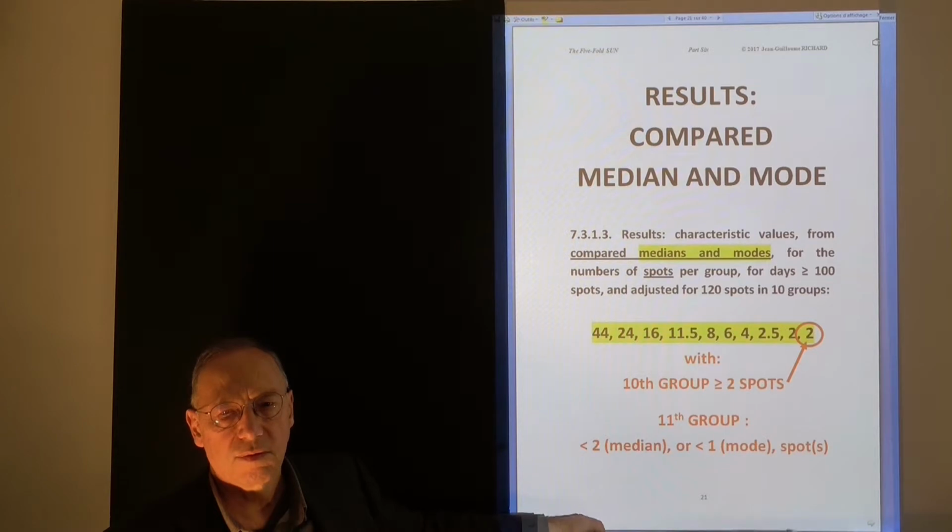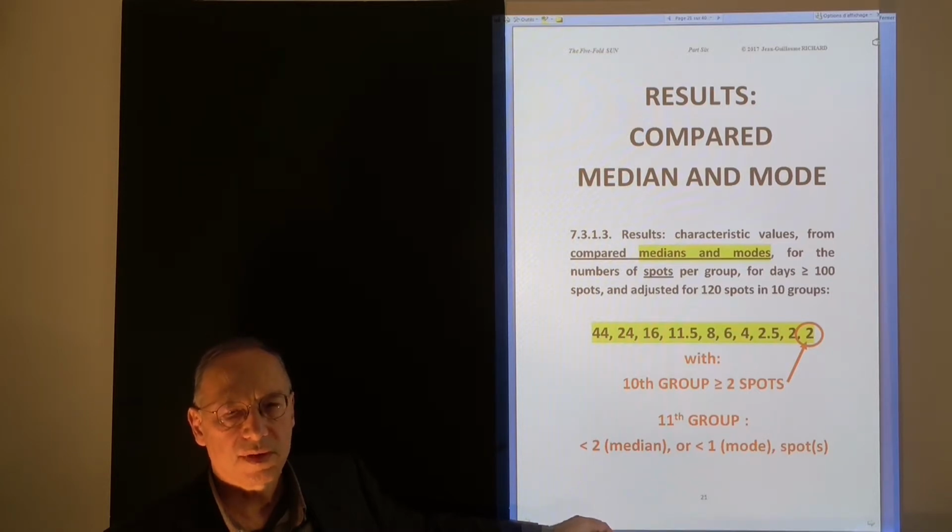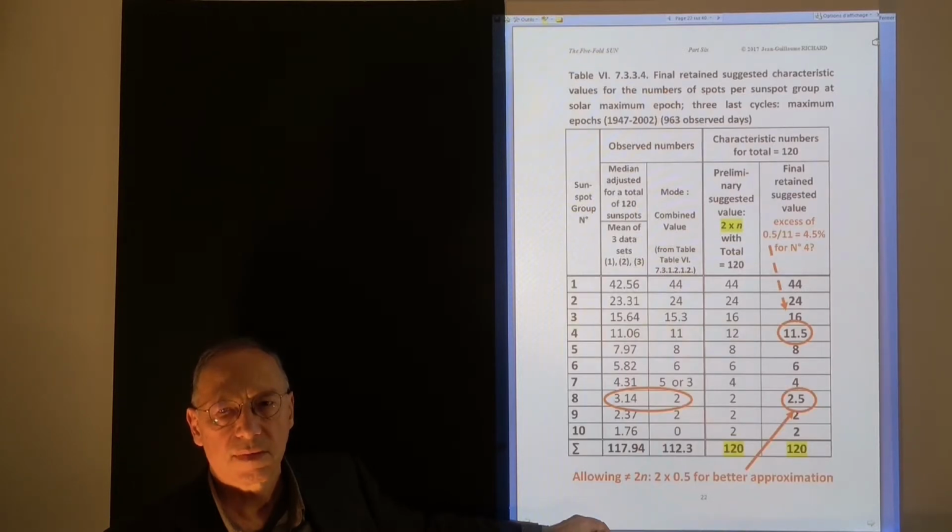The 11th group for its median again has less than 2 spots, and for its mode has less than 1 spot. So we propose that we have exactly 10 physical sunspot groups, the threshold being that the group includes at least 1 bipole, i.e. 2 spots.